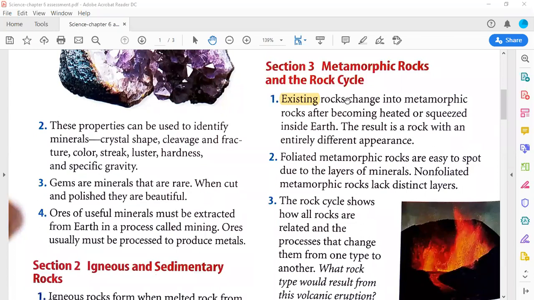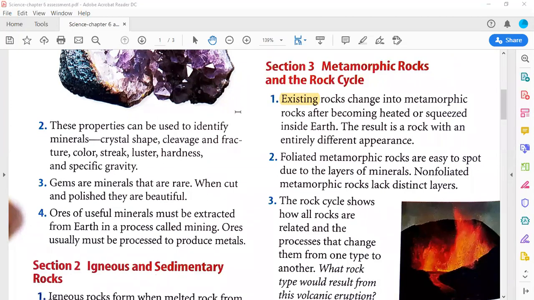So the next type of rock is metamorphic rocks. What do you guys think these rocks are called metamorphic rocks? Because they usually change, right?